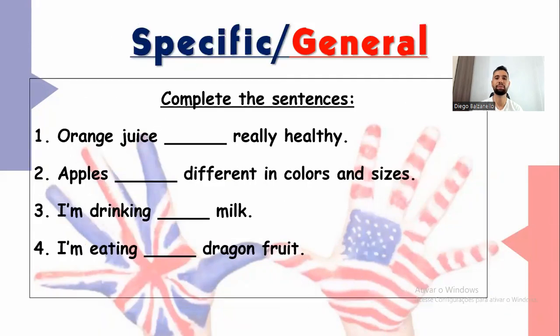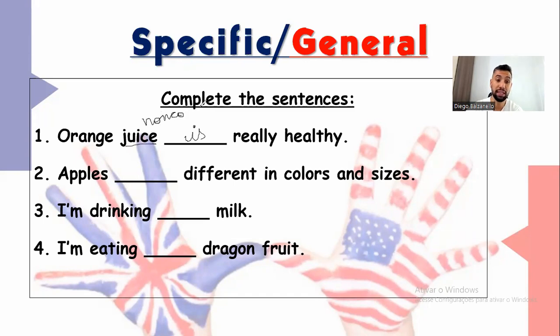Let's see. Let's complete the sentence here. Orange is or are really healthy? Orange juice. In that case, orange juice is really healthy. Why? Because juice is non-count.